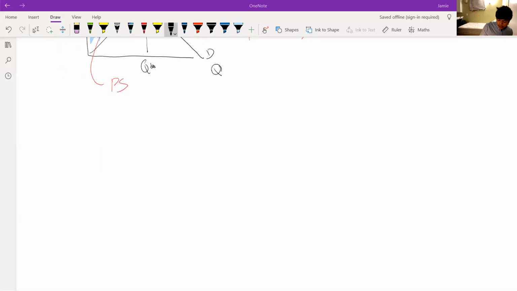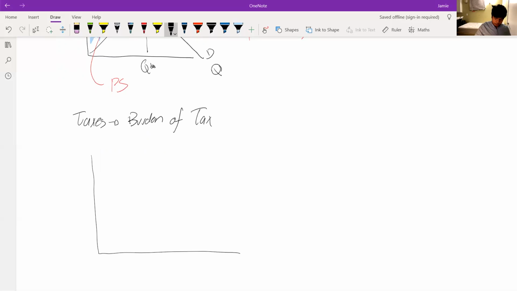next is taxes. Creating inefficiency in the market. And so this leads to burden of the tax. So taxes, you can impose them on the supplier or the consumer, price and quantity.